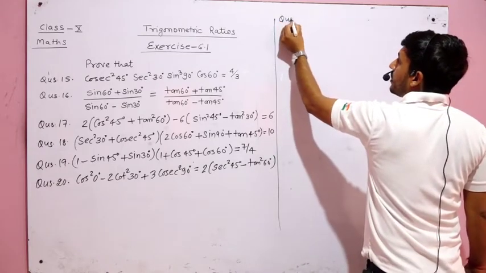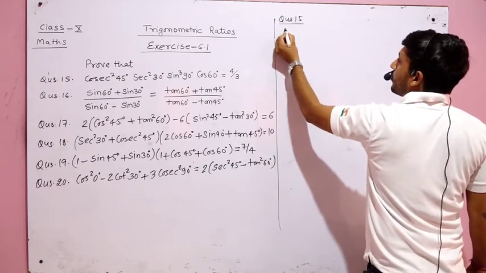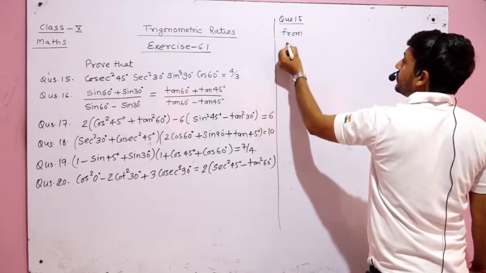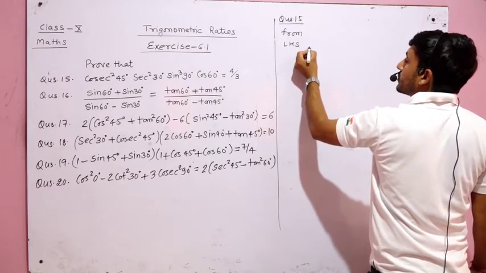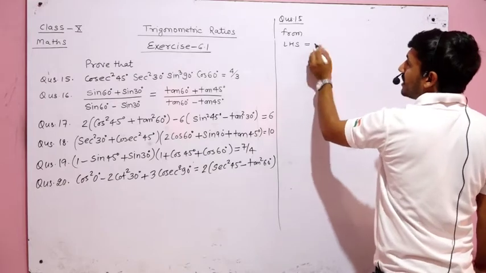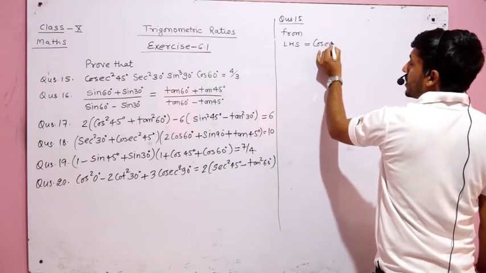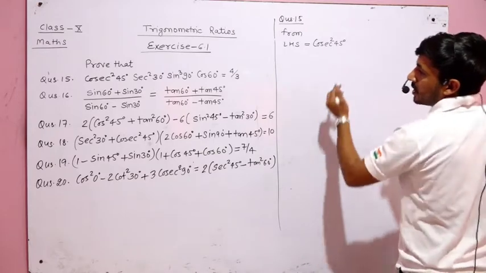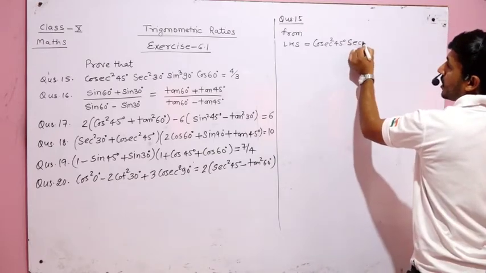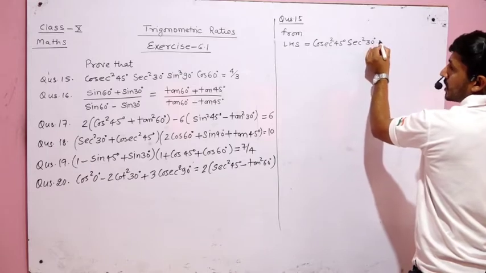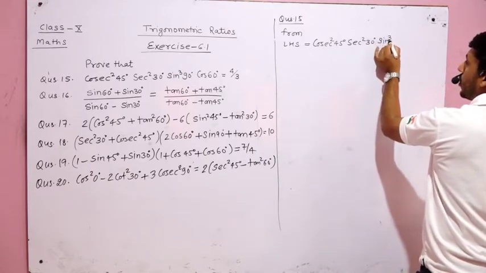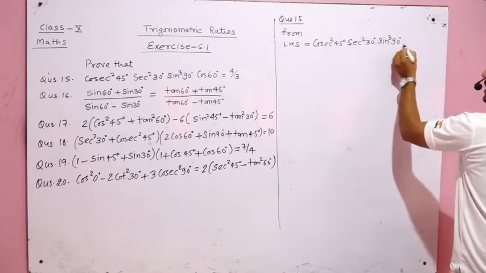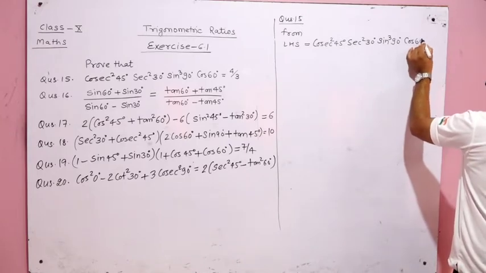Then first, question number 15, from LHS. From LHS, that is given as cosec square 45 degree, sec square 30 degree, sin cube of 90 degree and cos 60 degree.